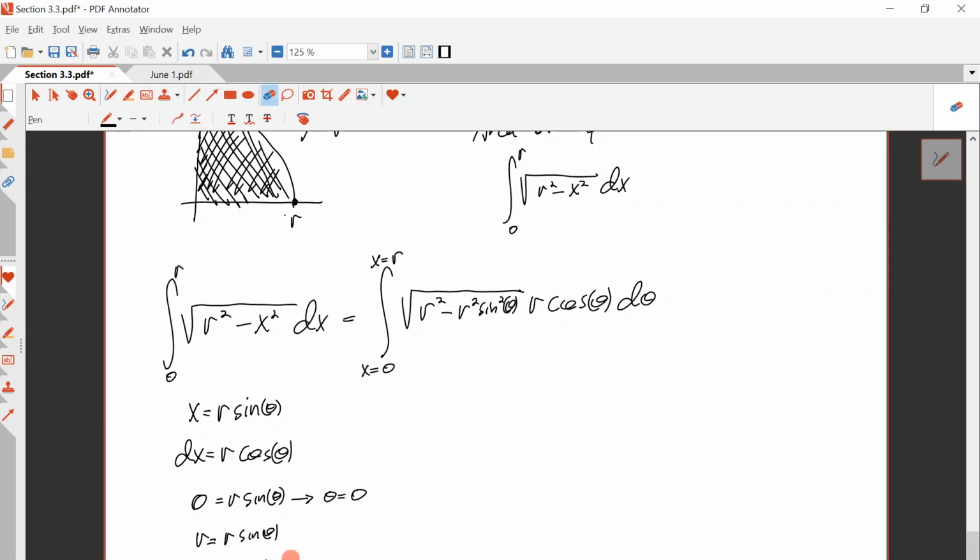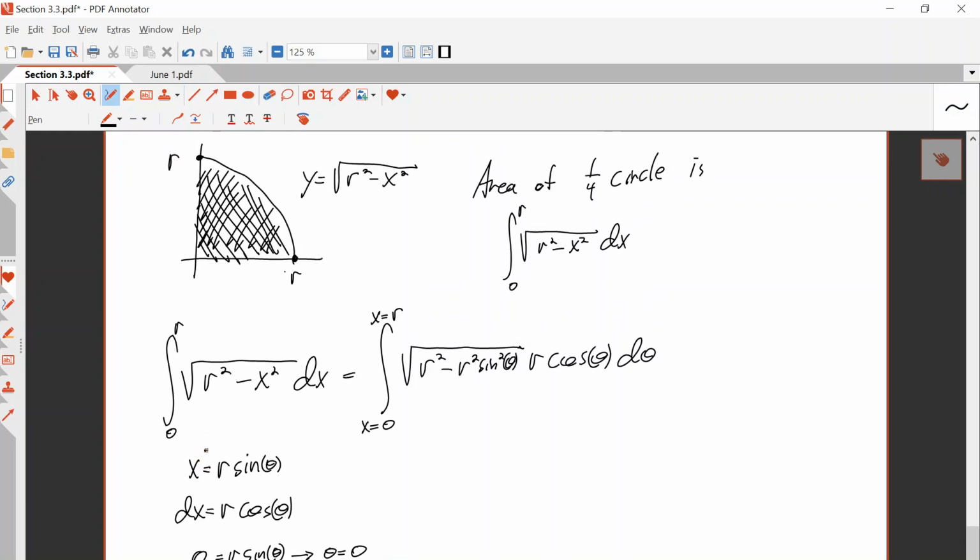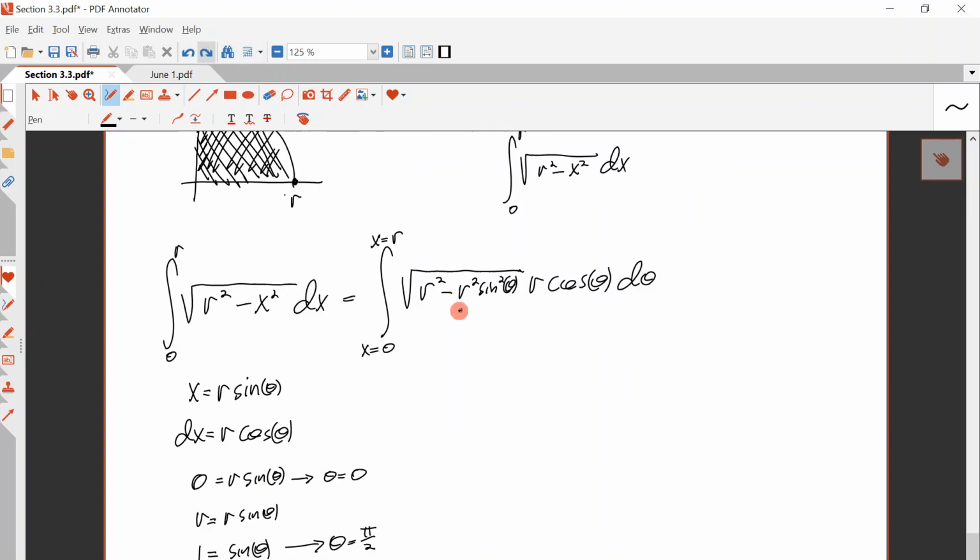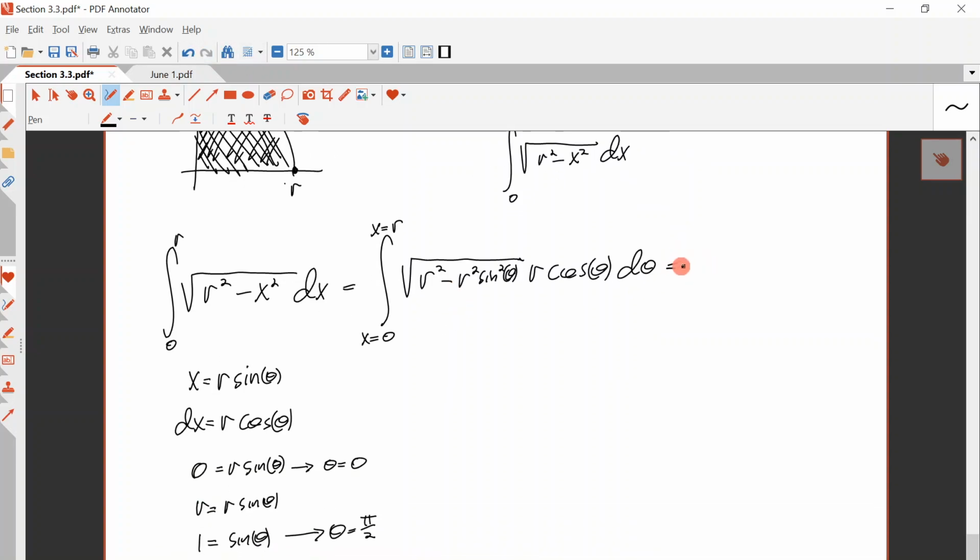Well, 1 is equal to sine theta implies theta is pi over 2. Right, and that's the rotation that we're using here. We're going from 0 up to pi over 2 for theta. So this becomes the integral from theta equals 0 to theta equals pi over 2.